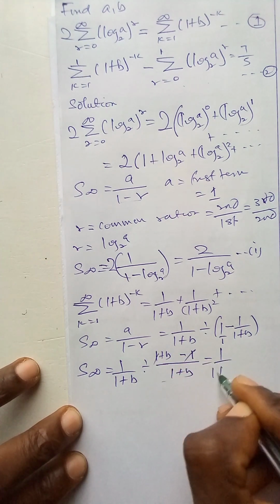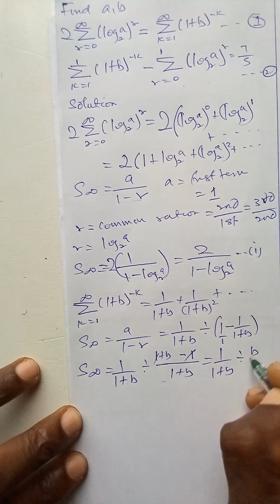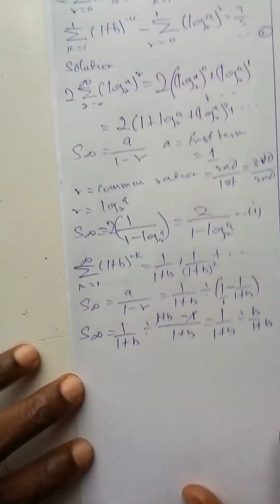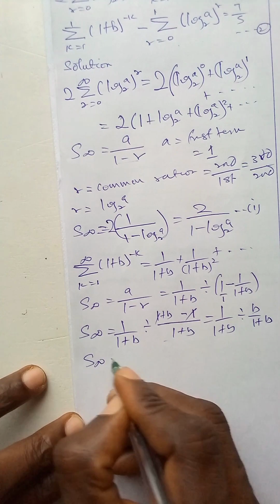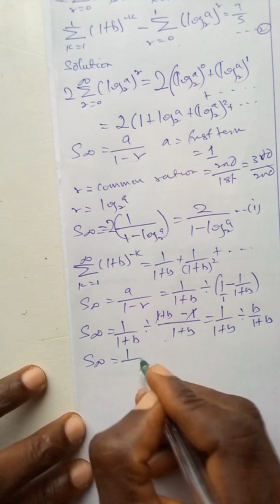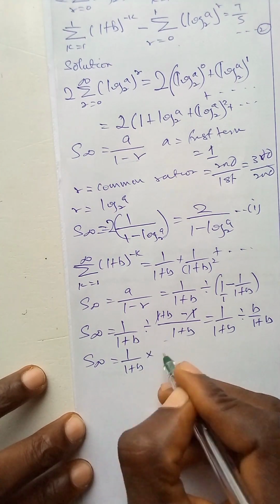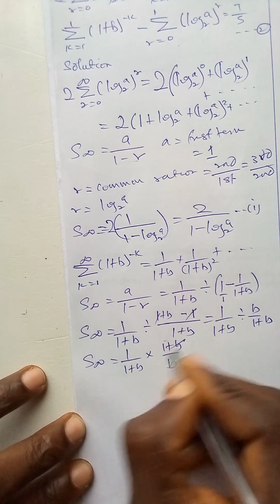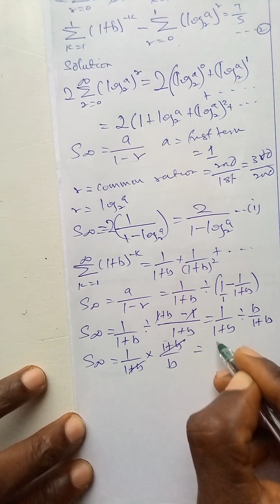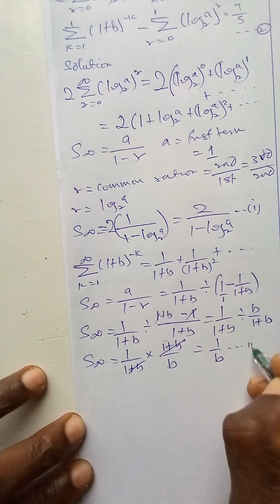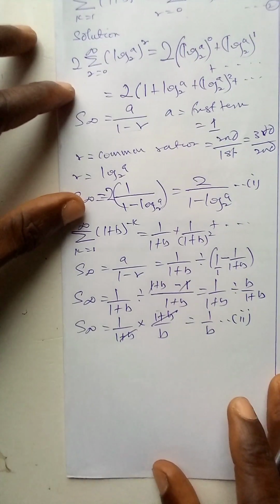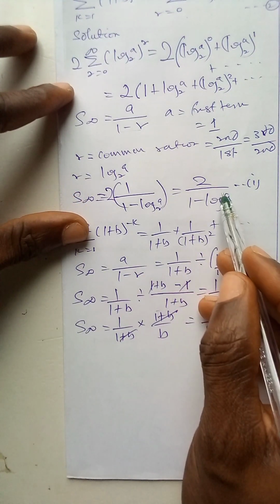So we have 1 over 1 plus b divided by b over 1 plus b. The sum to infinity finally becomes 1 over 1 plus b times 1 plus b over b, and this will cancel out, remaining 1 over b. This is equation II.